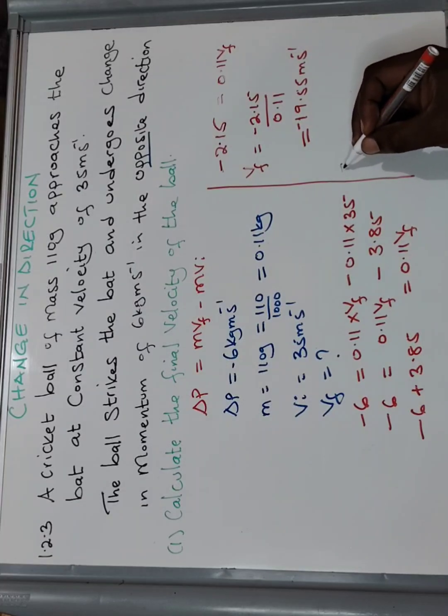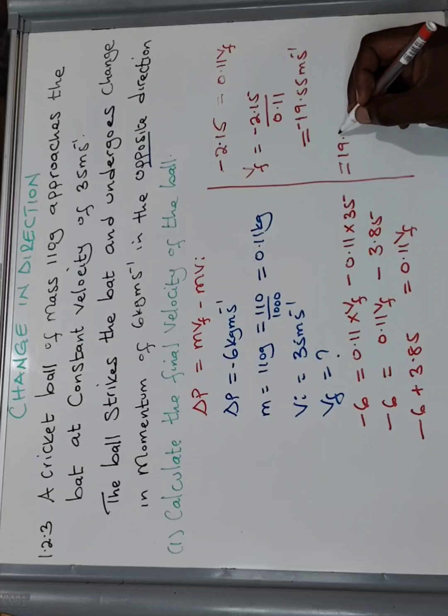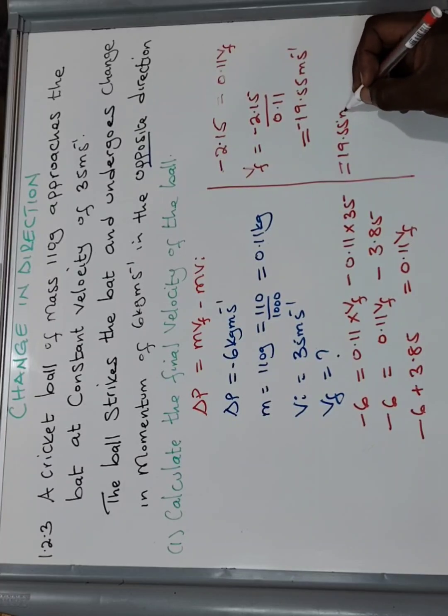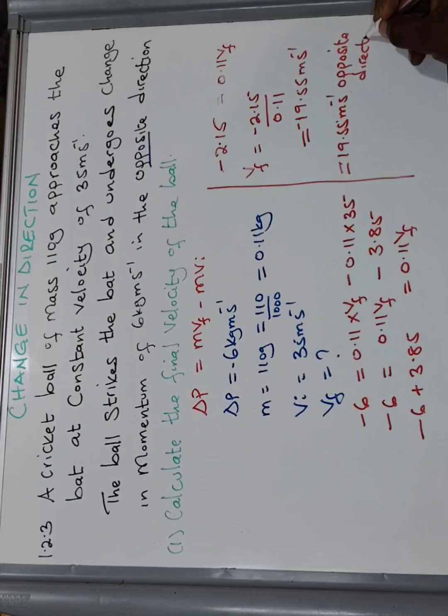So we are going to say it equals 19.55 meters per second, opposite direction, or opposite to the initial direction.